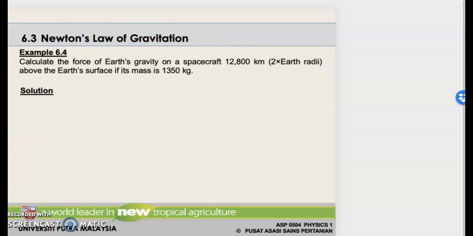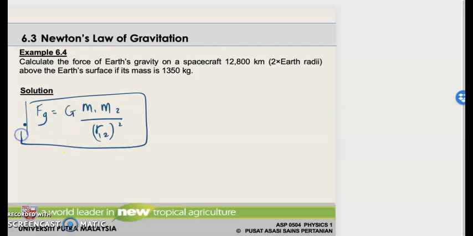So let's do an example. Calculate the force of Earth's gravity on a spacecraft. It's asking for Fg, and we know Fg is G, mass 1, mass 2, over R12 squared. That is our basic equation.